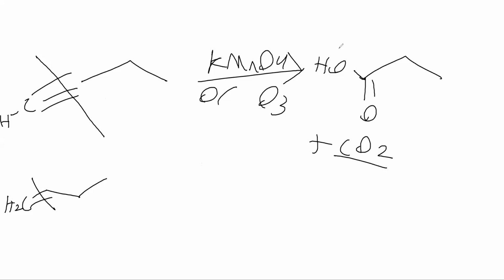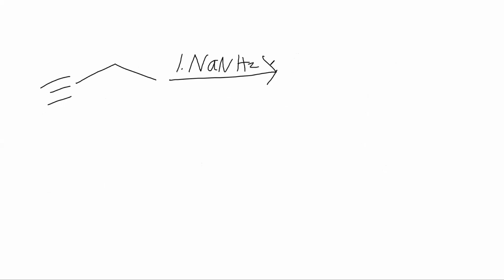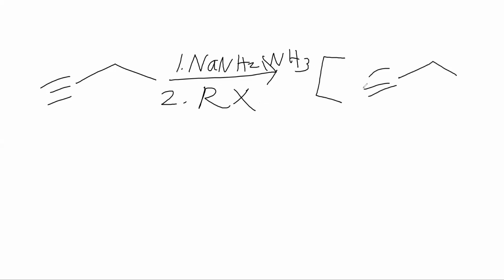Okay. Then one last reaction. I'll just put R, X. R is just some alkyl chain and X is a halogen. So the first step with the NH2, that just deprotonates the carbon here.